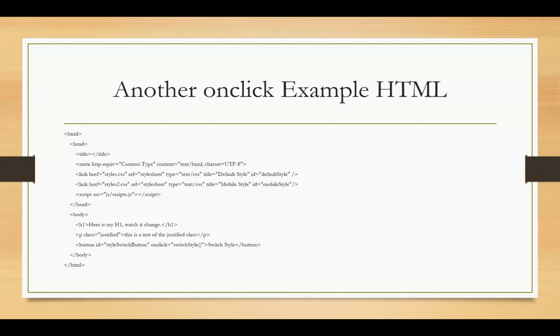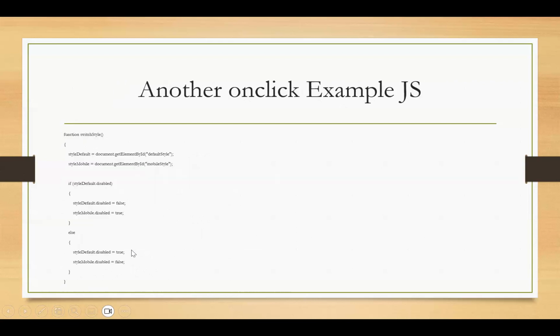So here's another example where if you were to click that switch button, it would modify the style. It would modify your text to make it justify. So you'll notice here the change in the justification.